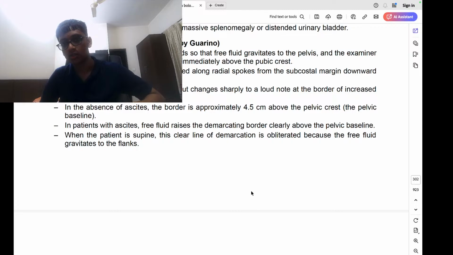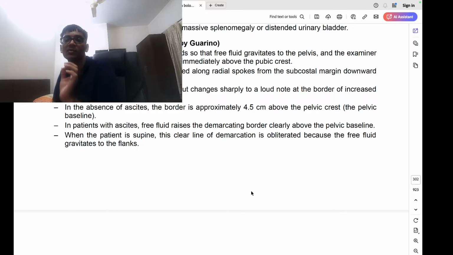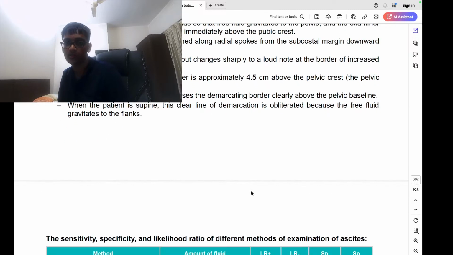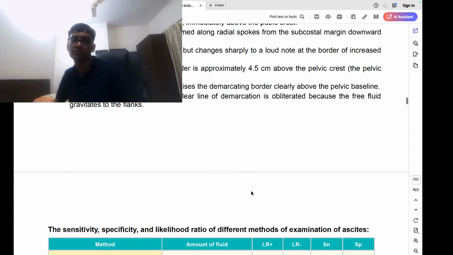The percussion note is initially dull but changes sharply to a loud note at the border of increased pelvic density. In the absence of ascites, the border is approximately 4.5 cm above the pelvic crest, the pelvic baseline. In a patient with ascites, free fluid raises the demarcating boundary above the pelvic baseline. When the patient is supine, this clear line of demarcation is obliterated because the free fluid will go towards the flanks. Okay.